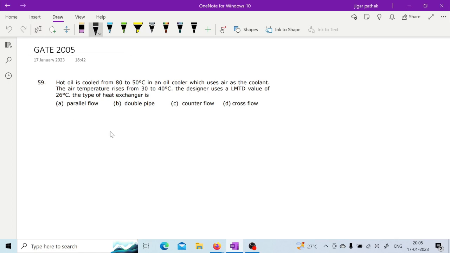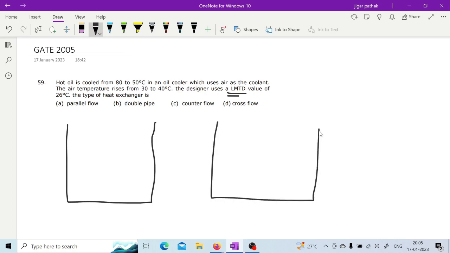So here you need to actually calculate the LMTD for both the cases, counter flow and parallel flow. So hot oil is cooled from 80 to 50 degree. Yes, let us say 80 to 50 degree. Now what happens is this temperature rises from 30 to 40 degree.